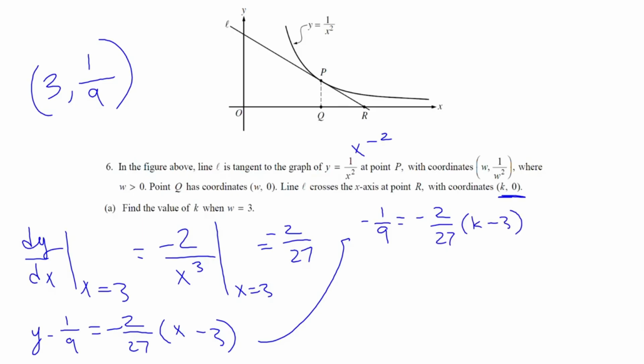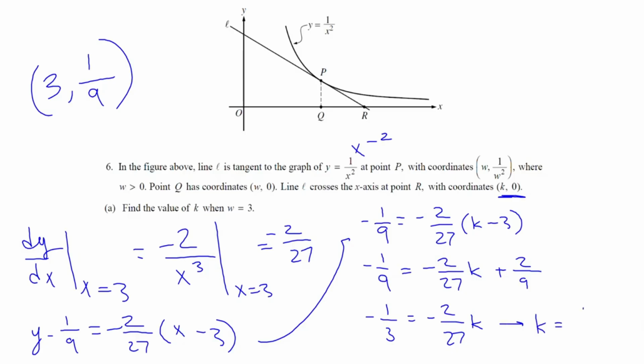Now we're just solving for k. So we have -1/9 equals -2/27 k, plus, because it's -2/27 times -3, a plus 6/27, which is just 2/9. Subtract the 2/9, and -1/9 minus 2/9 is -3/9, or -1/3, equals -2/27 k. Then multiply by 27, divide by -2, and we get k is equal to 9/2.